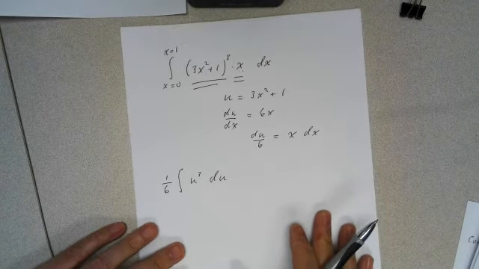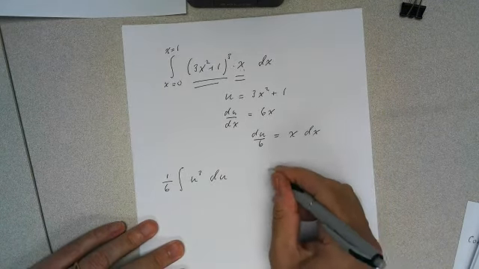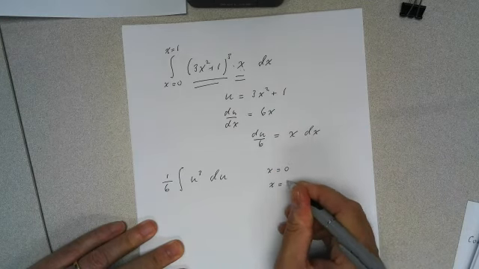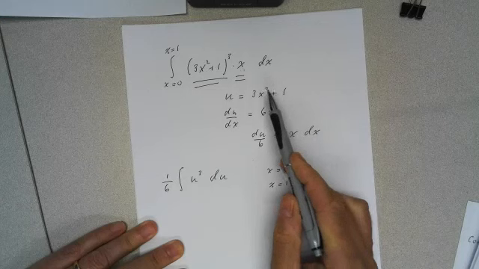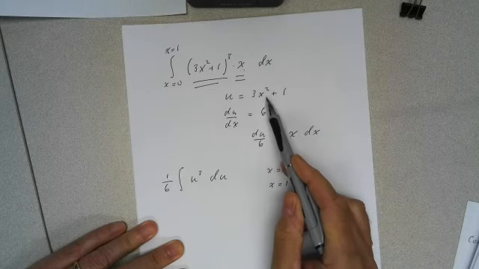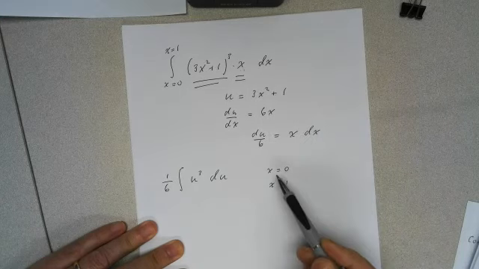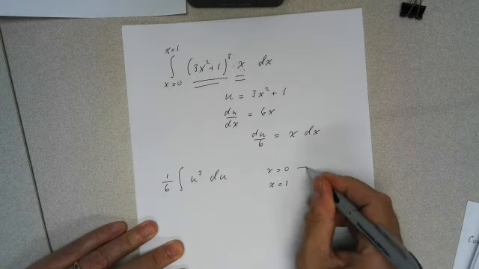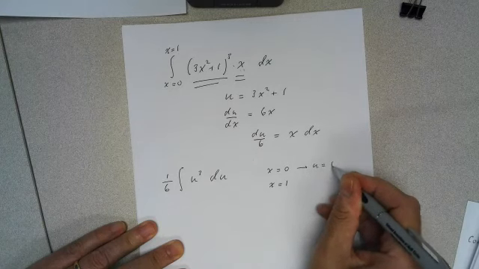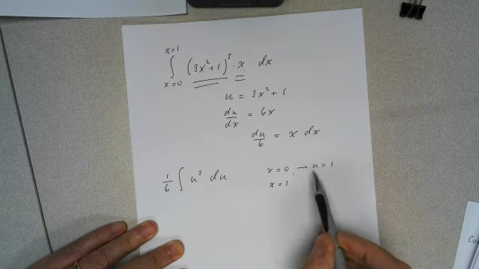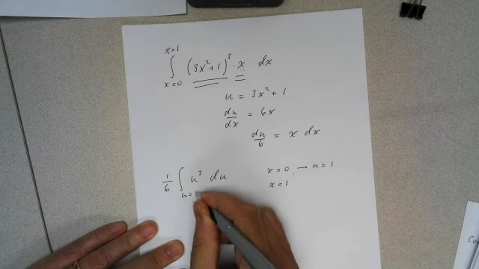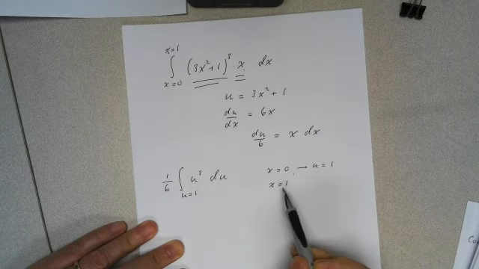Let's take a look at our endpoints. Our original endpoints were x equals 0 and x equals 1. Now, our substitution says that u is equal to 3x squared plus 1. So if we plug 0 into that, we get 3 times 0 squared plus 1. So that means I'm going to replace the endpoint of 0 with 1 for the lower endpoint. u equals 1.